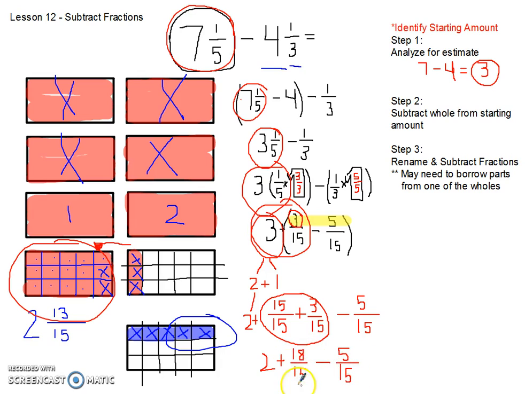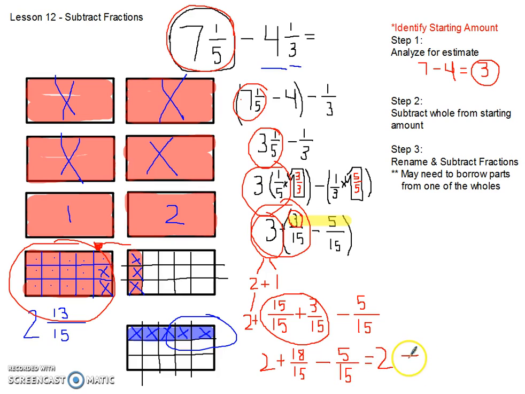So this 18 15ths here is related back to how many parts we had in this whole, which was 15, plus those 3 from that 1/5 that we had originally, or that 3/15 that we had. So then I can now do my subtraction. So we have our whole is 2.